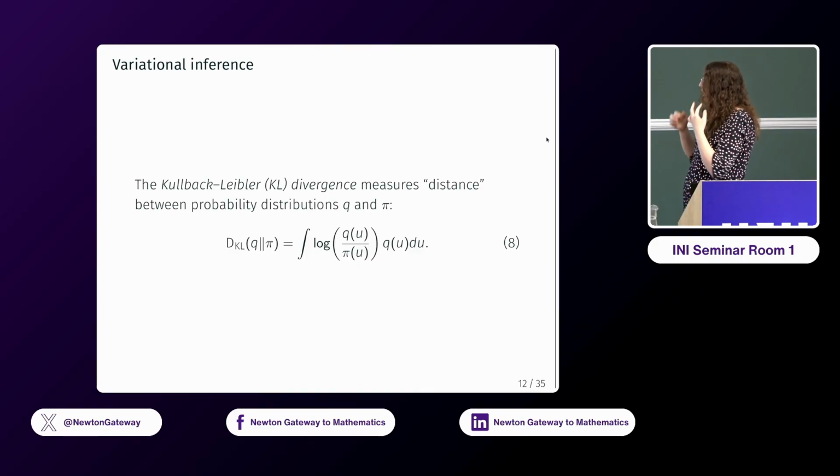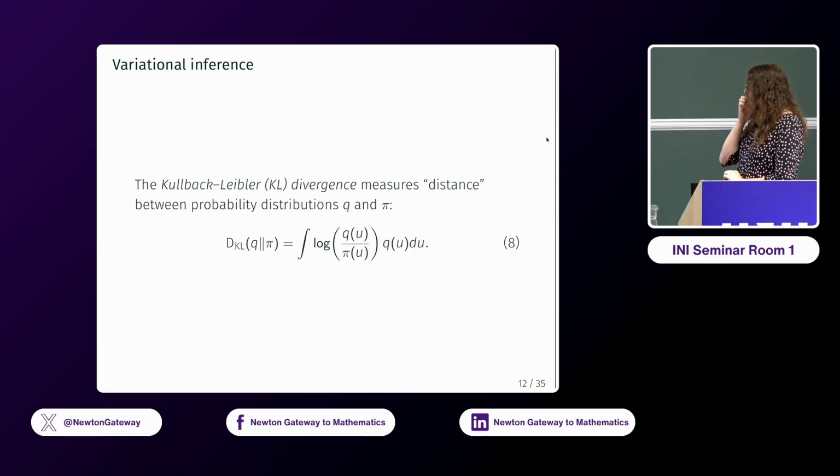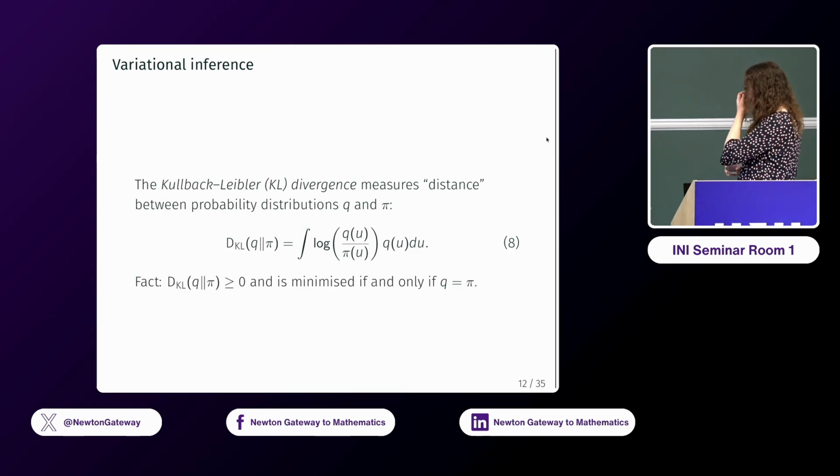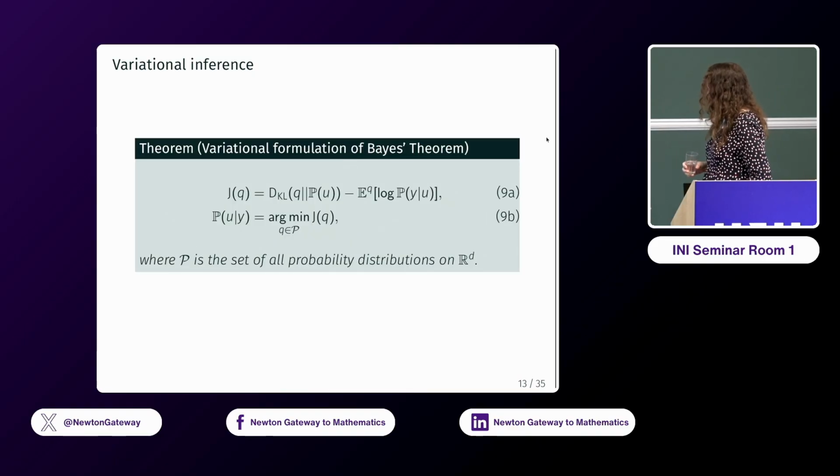To do so, we'll use the Kullback-Leibler divergence. So some of you may be familiar with this, but essentially it's a kind of measure of distance between probability distributions. It's not a true distance because it's not symmetric. It's a divergence, but you can think of it as measuring a discrepancy between two probability distributions.